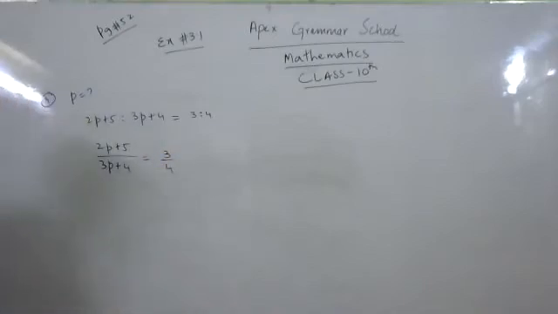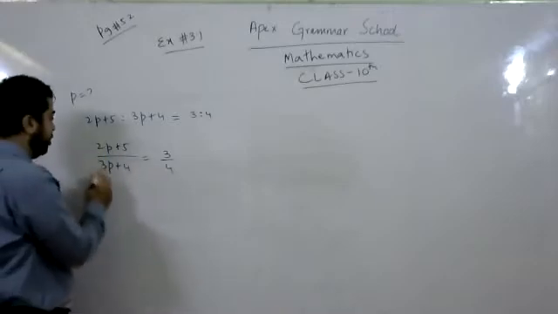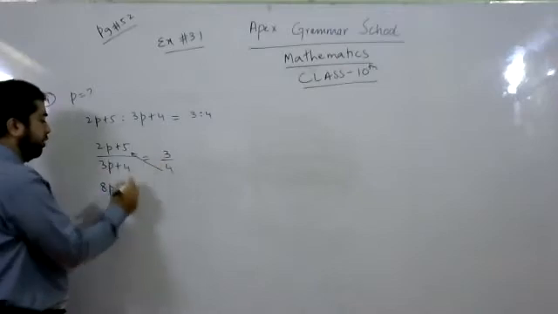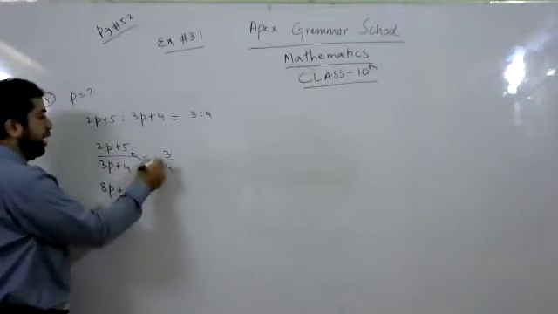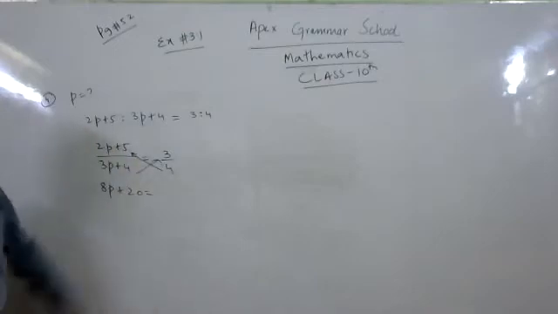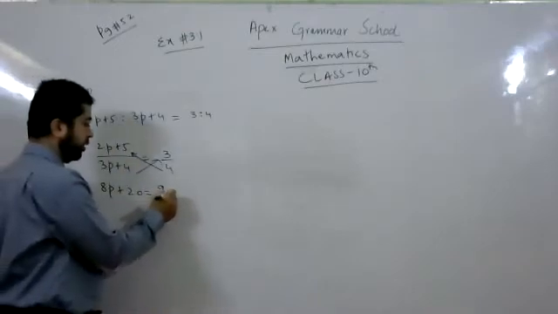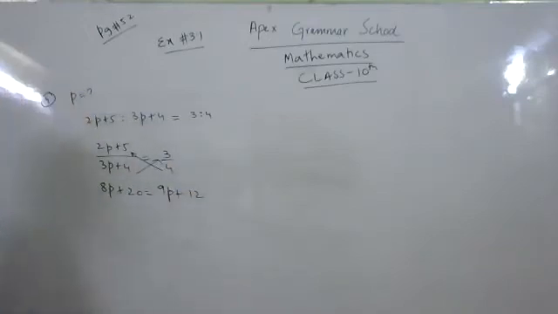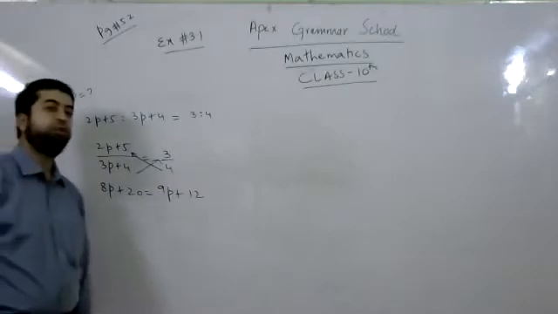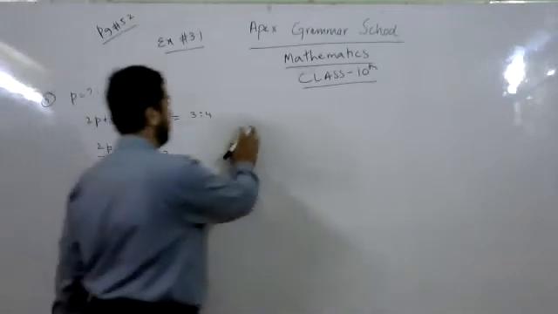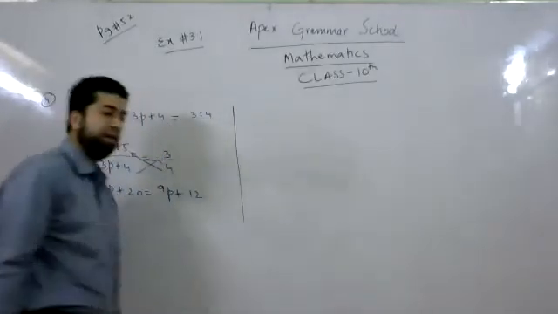Now we can cross multiply. 4 2s are 8p plus 4 5s are 20 is equal to, after this cross multiplication, 3 3s are 9p plus 3 4s are 12. Now to find the value of p, we need to collect all the values related to p on one side and the remaining values on the other side.